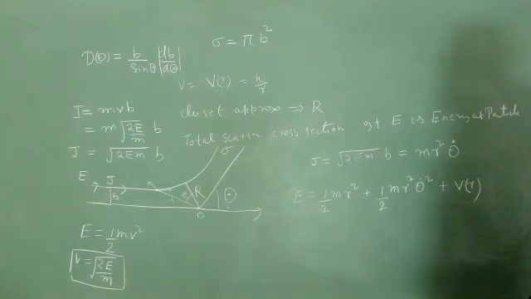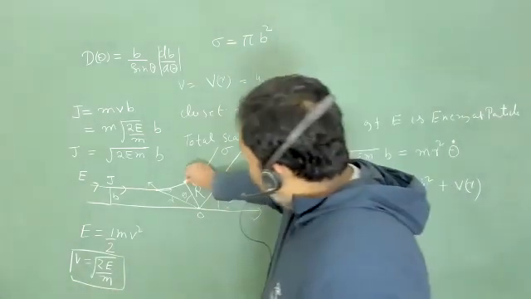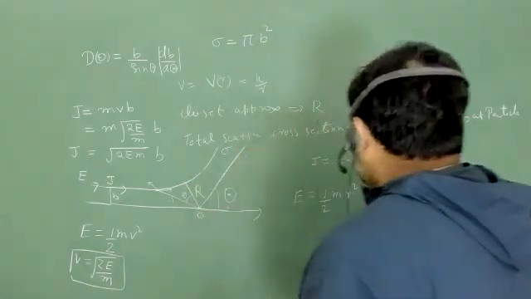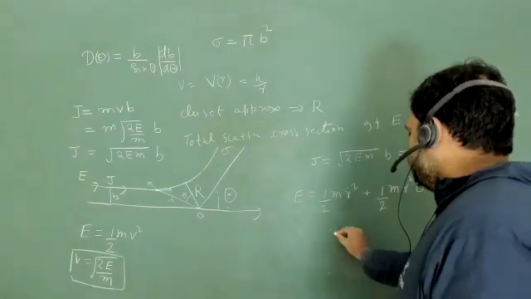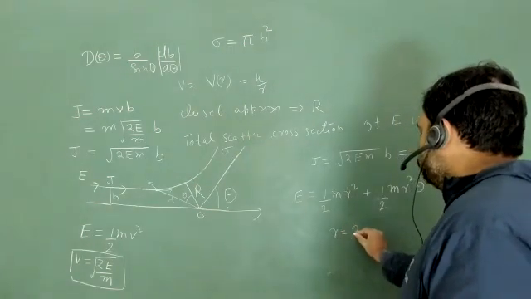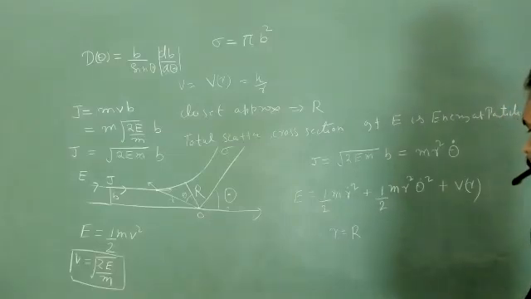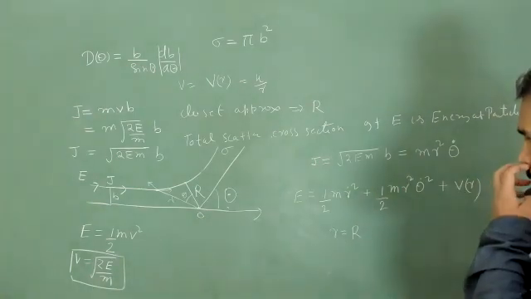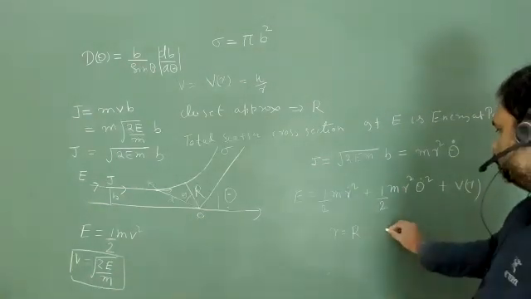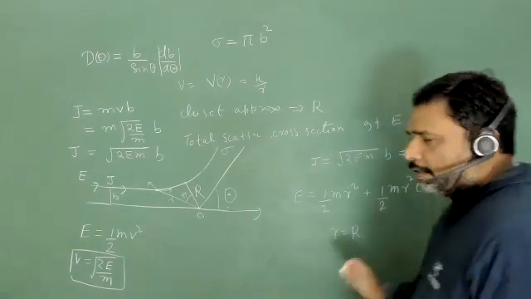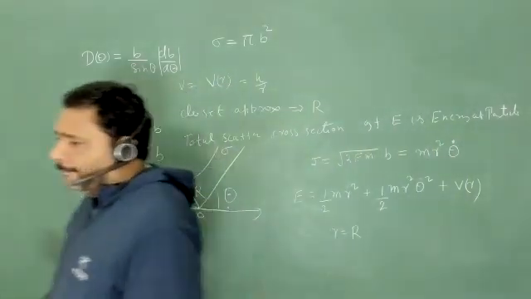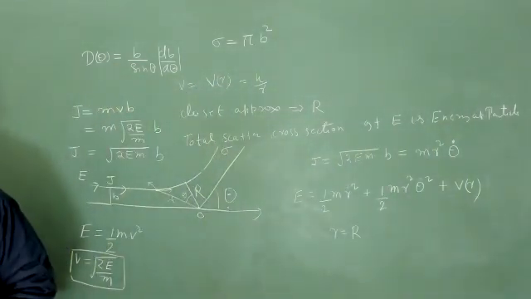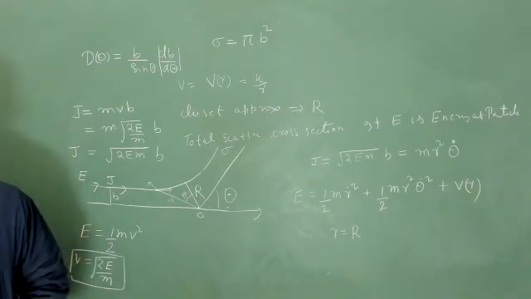Now we have to include this R minimum, the closest approach. So what will this closest approach be? At r is equal to R, what is going to happen? Tell me. You have studied this, and now the exam is coming. The kinetic energy will be equivalent, I mean the total energy will be equivalent to the potential energy.